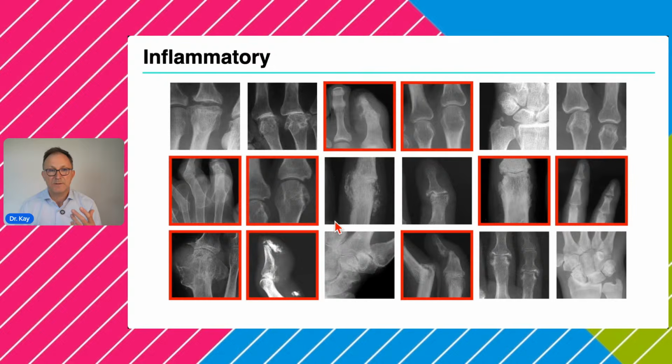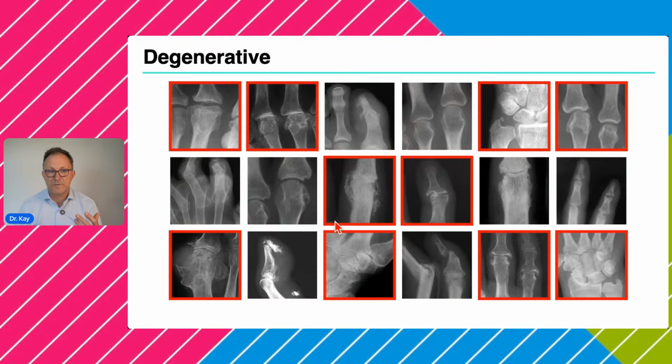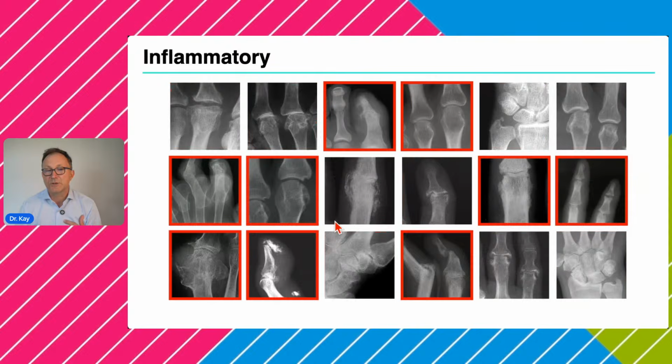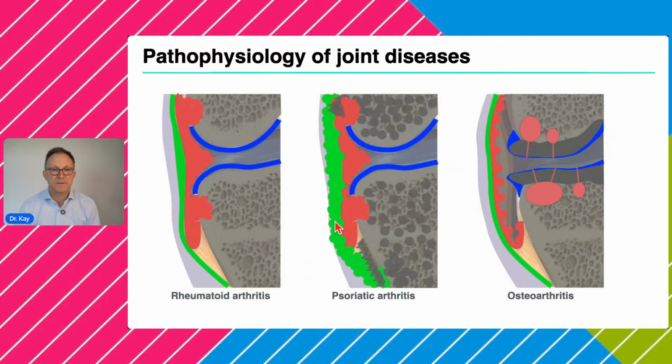So this is the major differential at the beginning. You make the distinction: is it a degenerative change or is it an inflammatory change? And after you've done that, you can sort out the different diseases in that category. So the different inflammatory joint diseases, comparing them and giving the differential. And if you know it's a degenerative change, then you can go to the different degenerative changes, because there's more than just osteoarthritis.